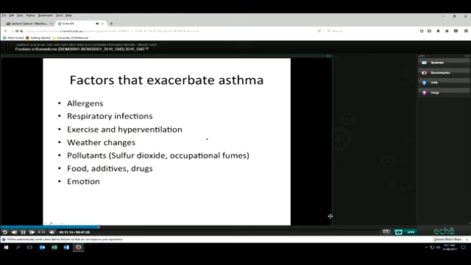Most asthma is exacerbated by the first 2 points on this list. So an exacerbation essentially is a transient worsening of symptoms from baseline.